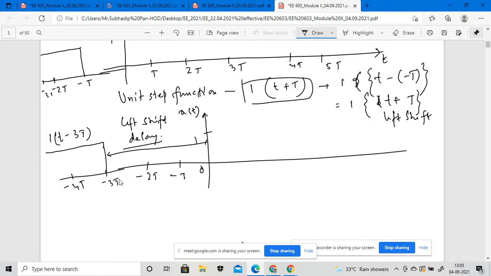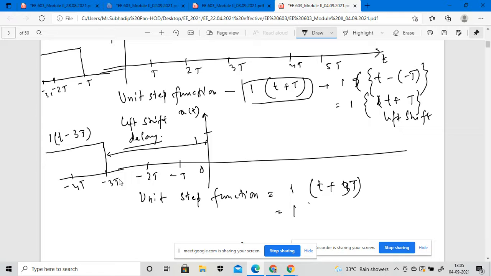So for that case, the unit step function will be considered as 1 at t plus, sorry, t plus 3t. Yeah, t plus 3t, right?